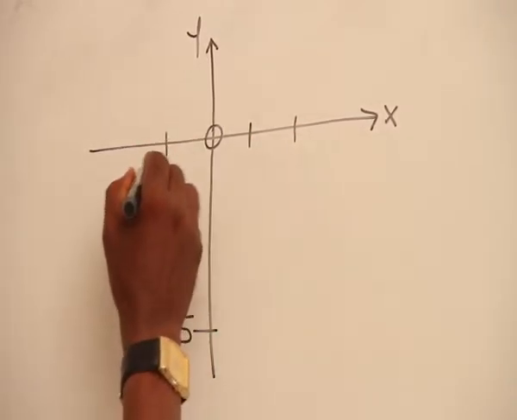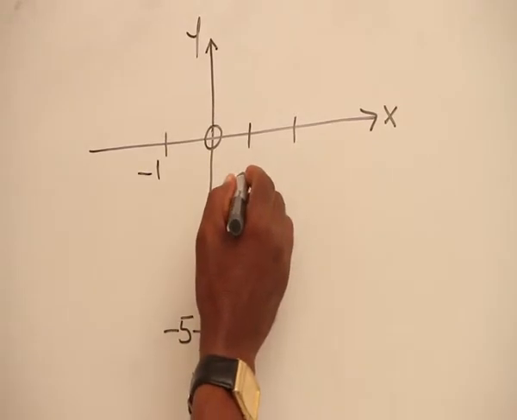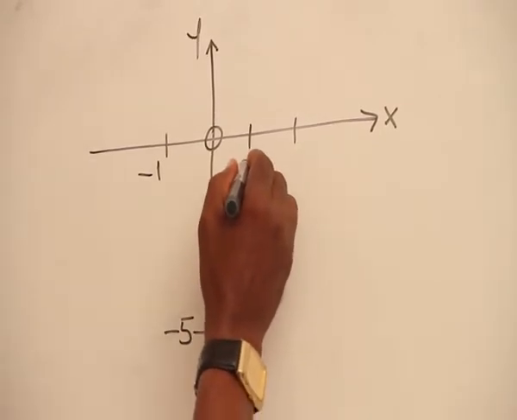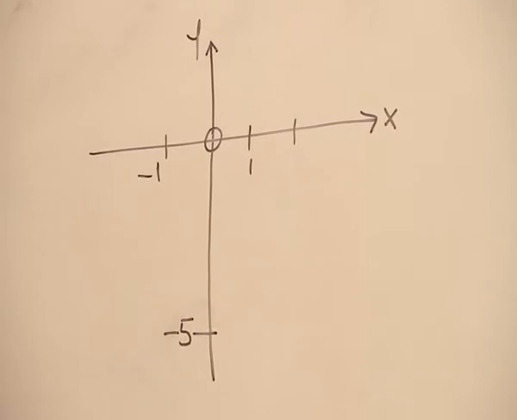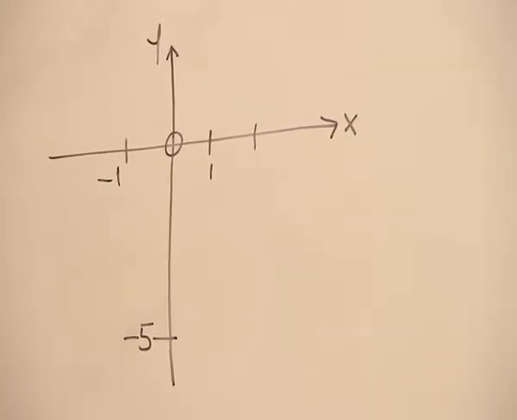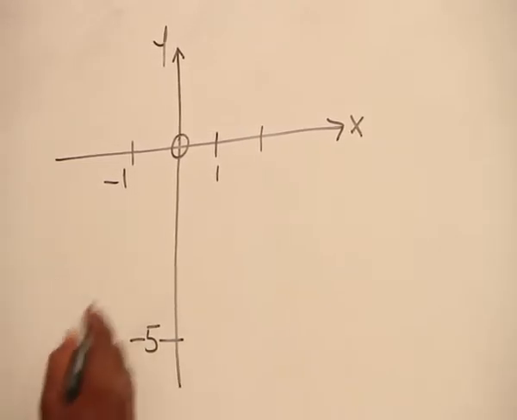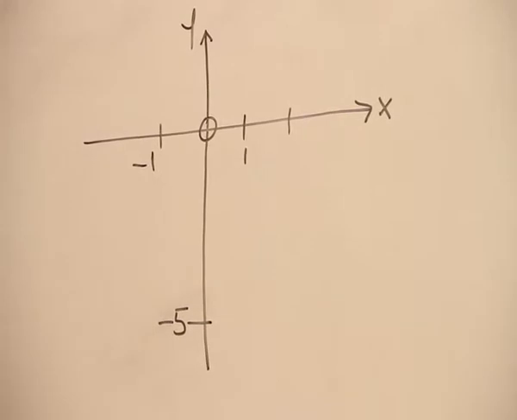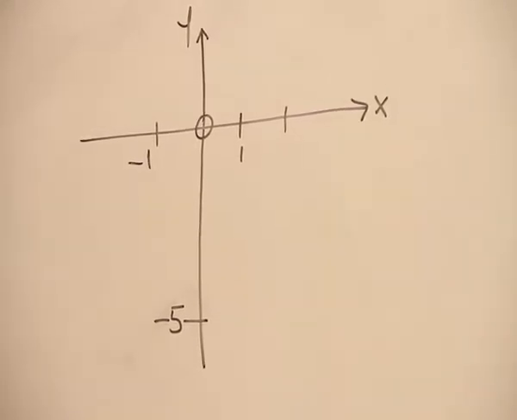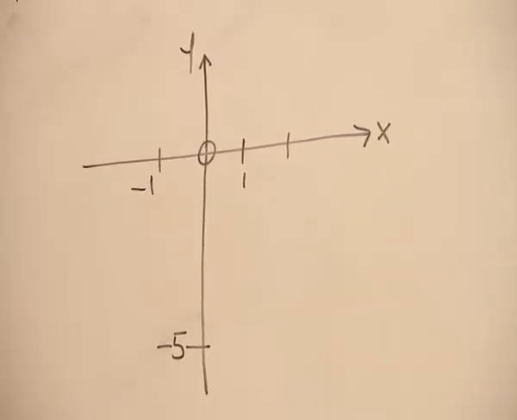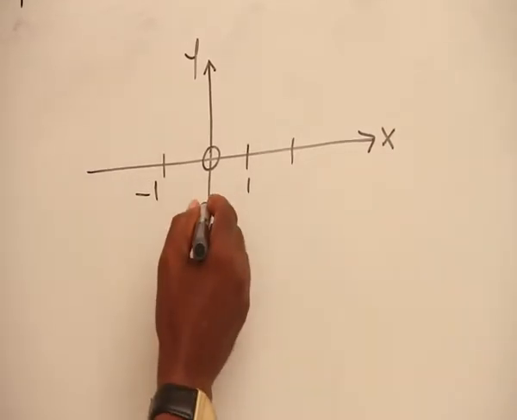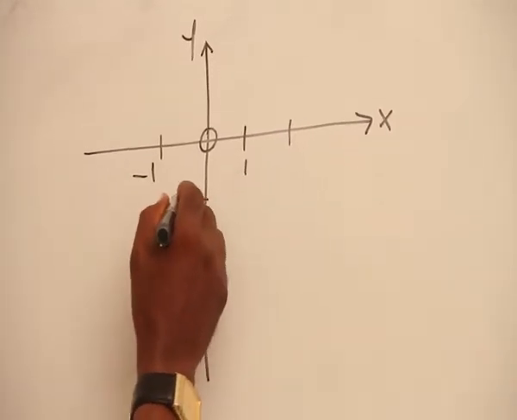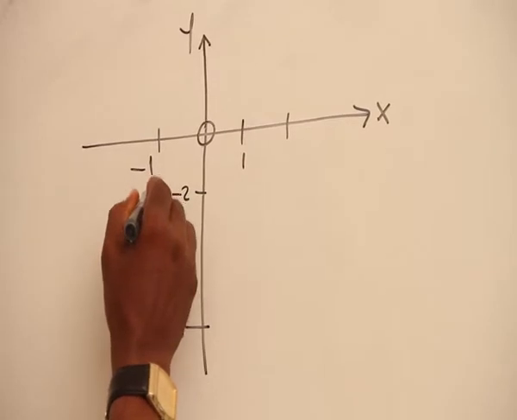We also have minus 1, 0, and 1. So what next? We have here that when x is minus 1, the value here is minus 2. So our y will be somewhere here, minus 2 here. So we mark this.